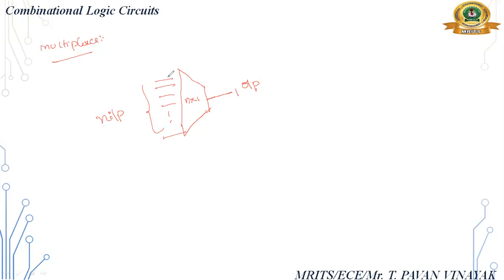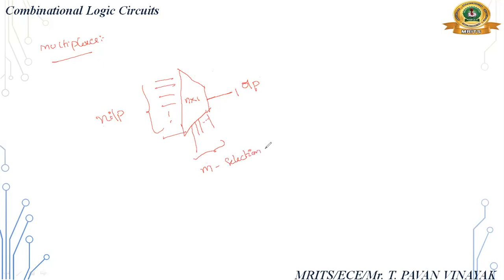How is the data transferred from these inputs to the output? Those are selection lines. We have m selection lines.